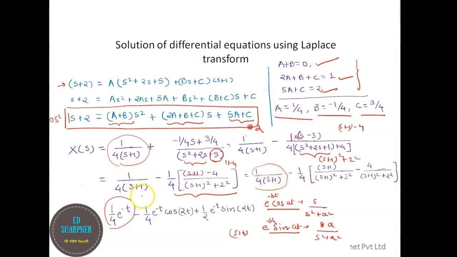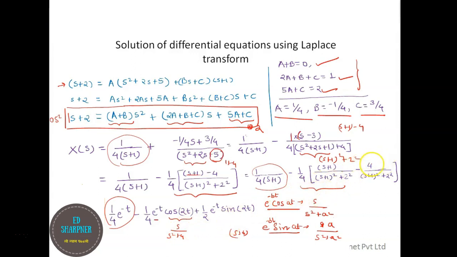The inverse Laplace of the first term is nothing but 1 by 4 into e raised to minus t. For the second term, because we have shifted s as s plus 1, there must be multiplication by e raised to minus t to the original function. And the Laplace of cos 2t is nothing but s upon s square plus 4. So this is what is present here, and s is shifted as s plus 1.